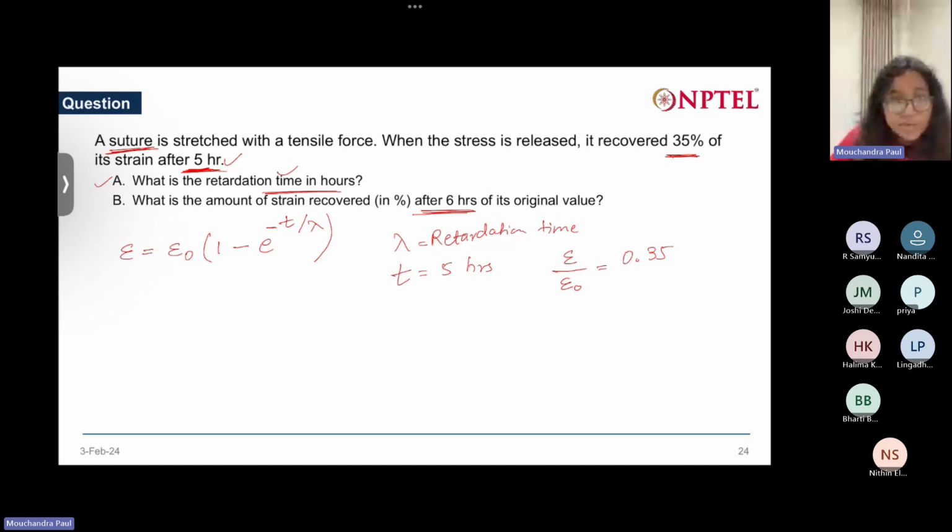Now the values seem clear to you. You just have to put these values into this formula to get the value of lambda. So 0.35 is equal to 1 minus e to the power minus 5 by lambda. Let's simplify this.